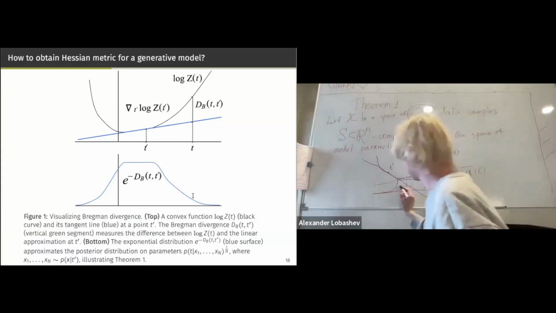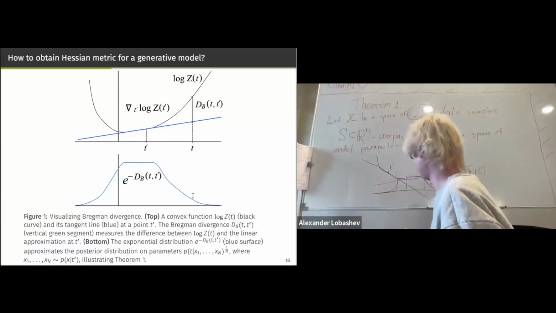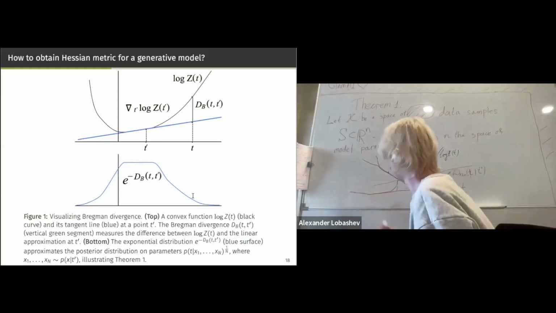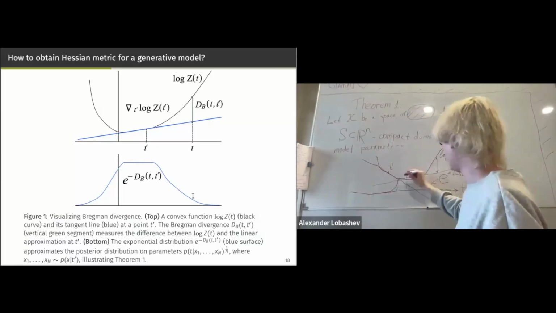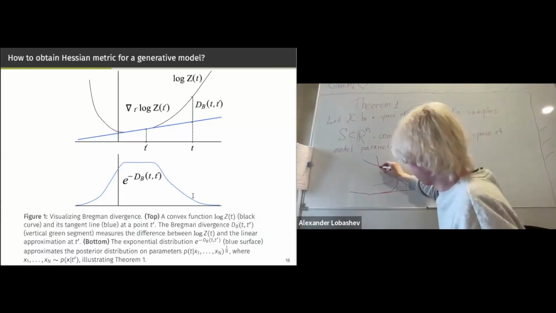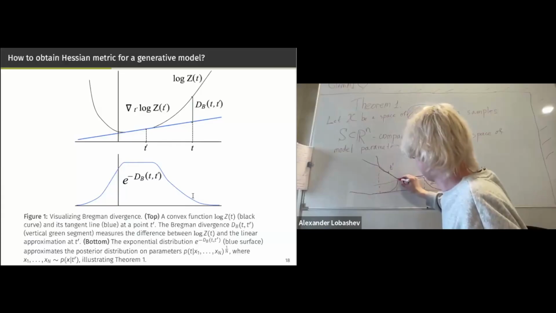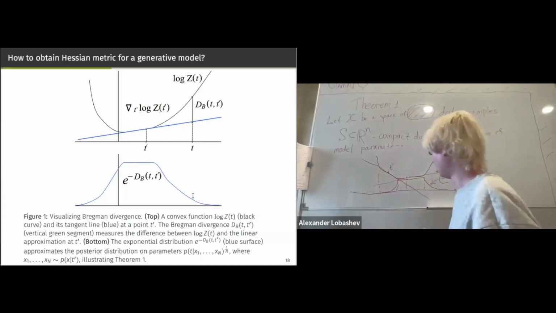And now we will have a different posterior distribution. So we define a region where our convex potential is almost its tangent line. So this region and this region.